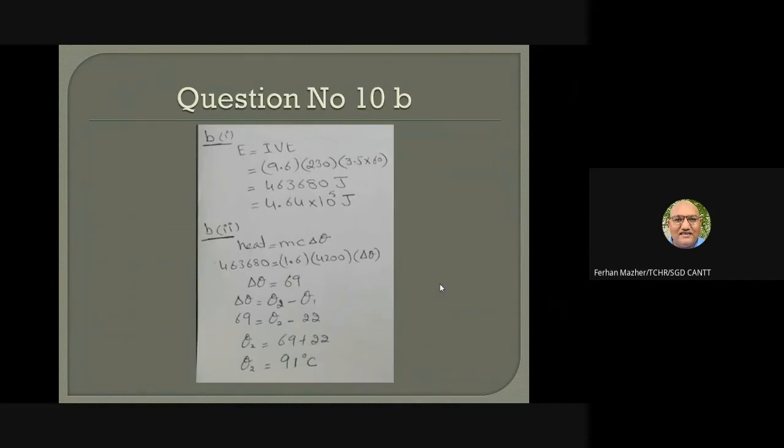The value of I is 9.6 ampere and the value of the voltage is 230 volt. The time is 3.5 minutes. I will multiply it with 60 to convert it into seconds. So my final answer will be 4.64 times 10 to the power 5 joules. I hope that you have understood this.